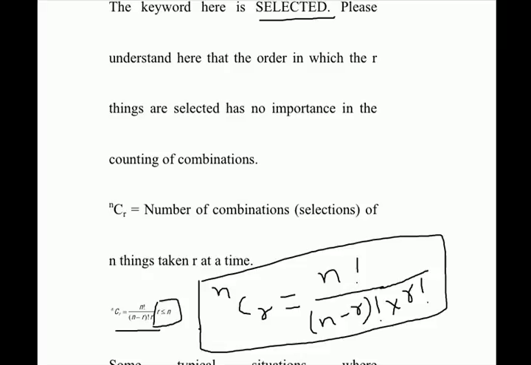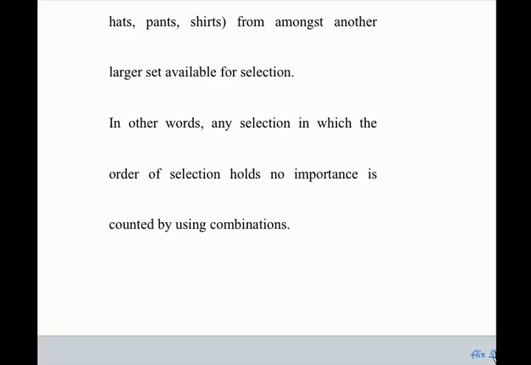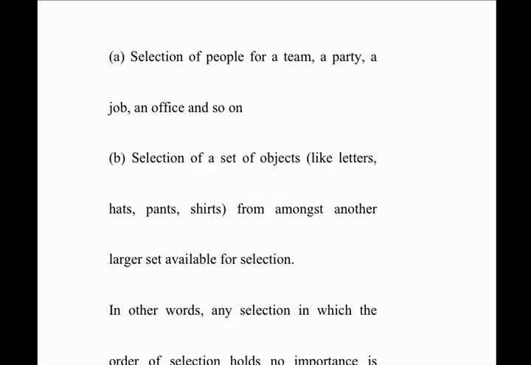But when covering formal definitions, we have to cover scenarios where not so obvious things can happen, especially while solving mathematical sums. So some of the situations where combinations may be used are things like selecting people for a team, for a party, selection of objects from a larger set, and so on and so forth.